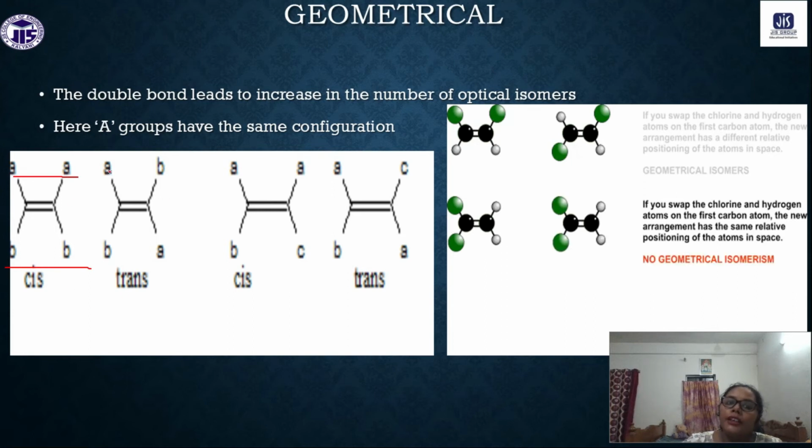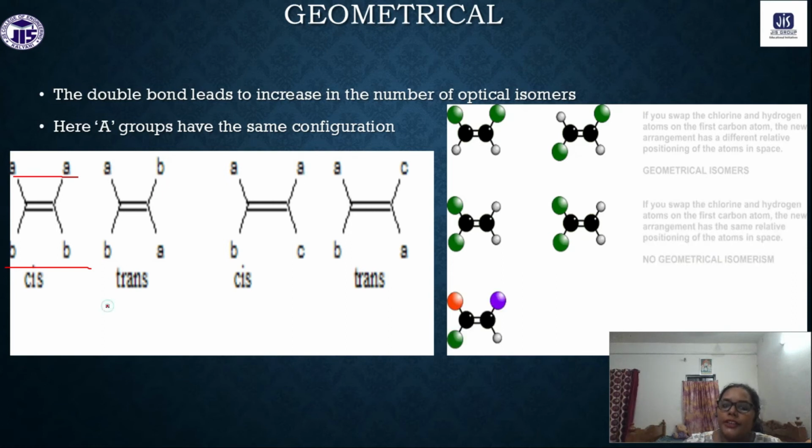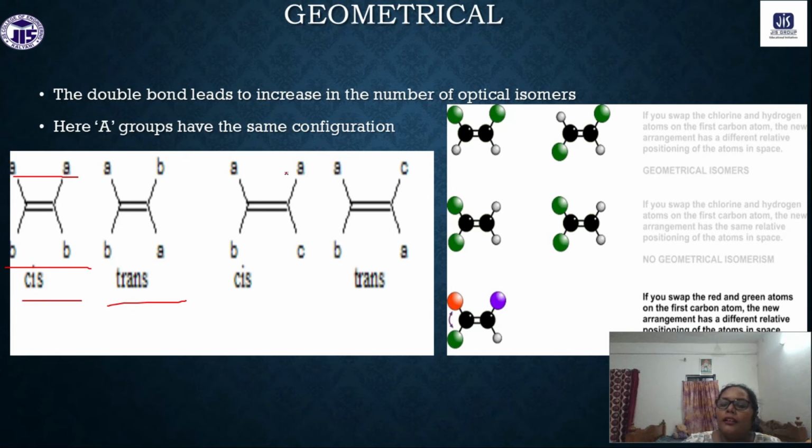Now if the A groups and B groups are in the opposite direction, that is called trans. Again, this cis or trans we can denote with the help of priority. If we have the bulkier group, we first consider the bulkier group and then we can understand which one will be cis and which one will be trans.